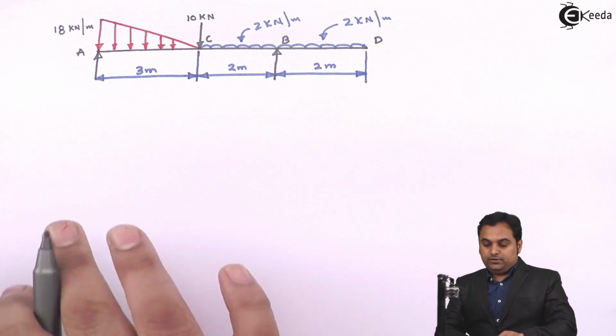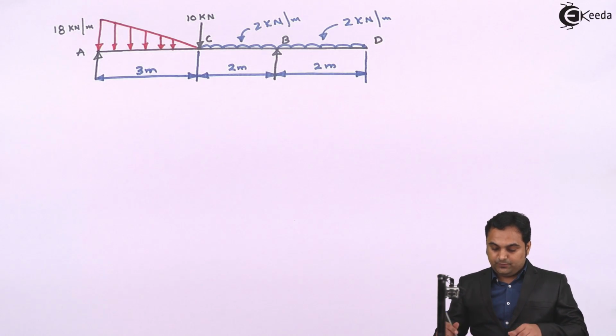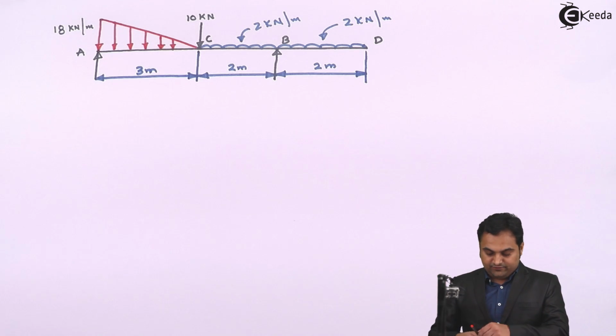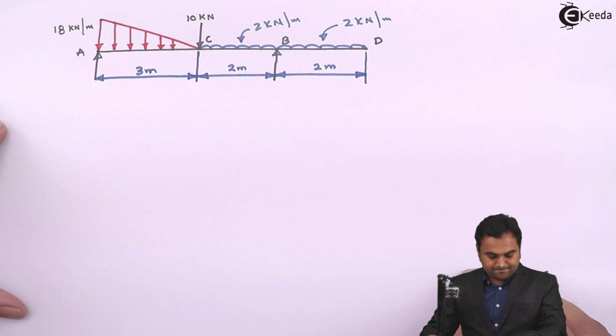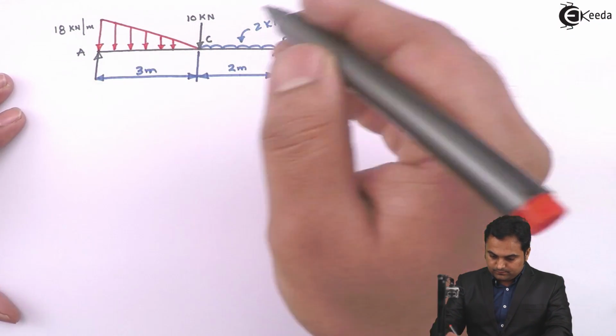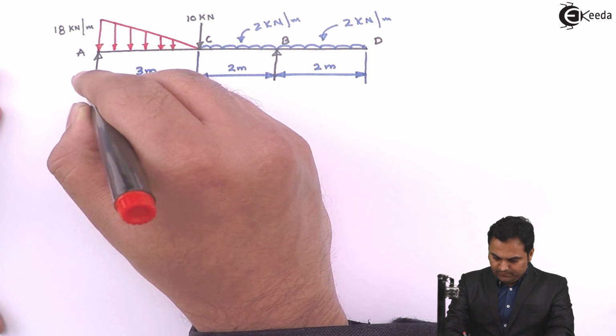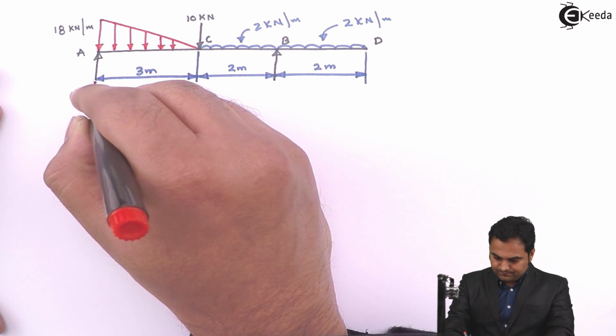So now here we are having this beam which is given in the problem. Next, below this beam we have to draw the shear force diagram and even the bending moment diagram. I will be projecting the points here.